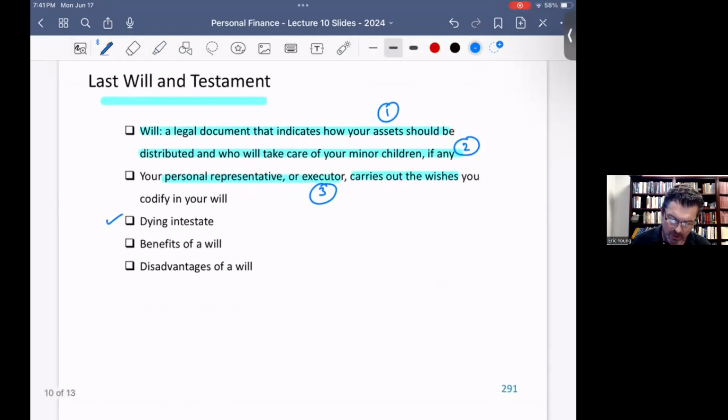What are the benefits of a will? Well, number one, wills are now pretty easy and simple to do, and they're fairly inexpensive. Benefit number two, it's the primary way that you establish guardianship. And number three, it's a very simple way to distribute assets.